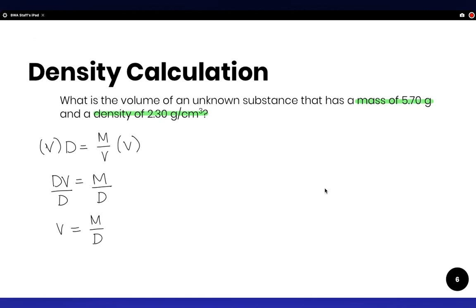Now I just have to plug mass and density into this equation. Those values were given in the problem. The mass is 5.70 grams. And our density is 2.30 grams per centimeter cubed.